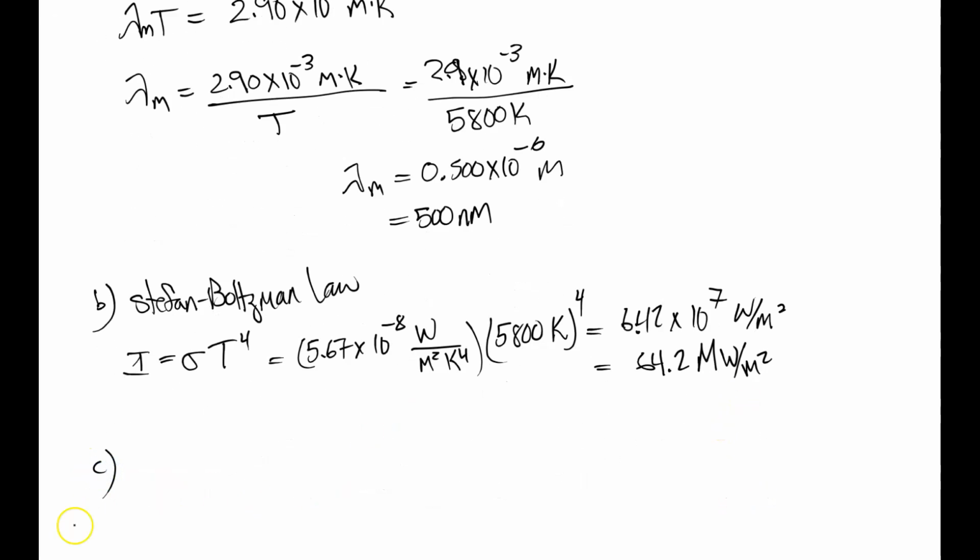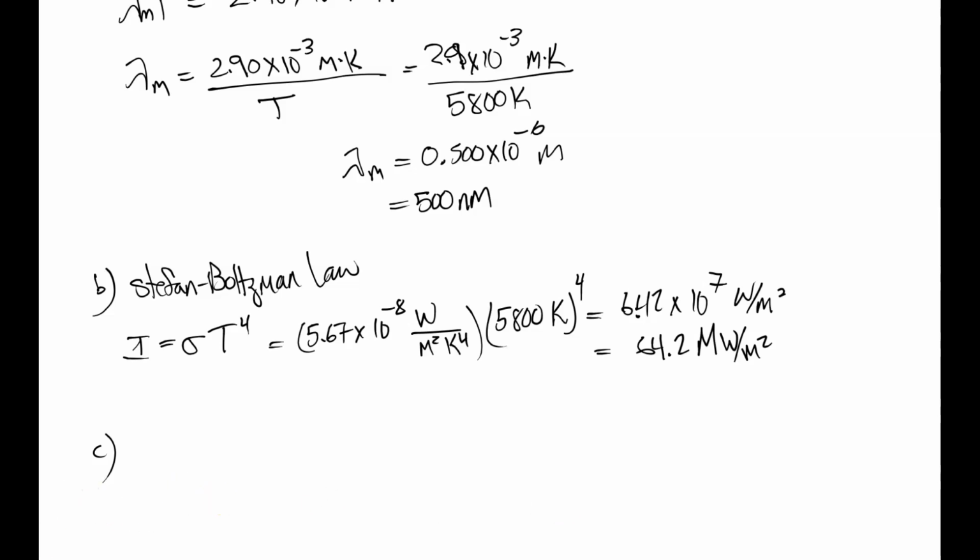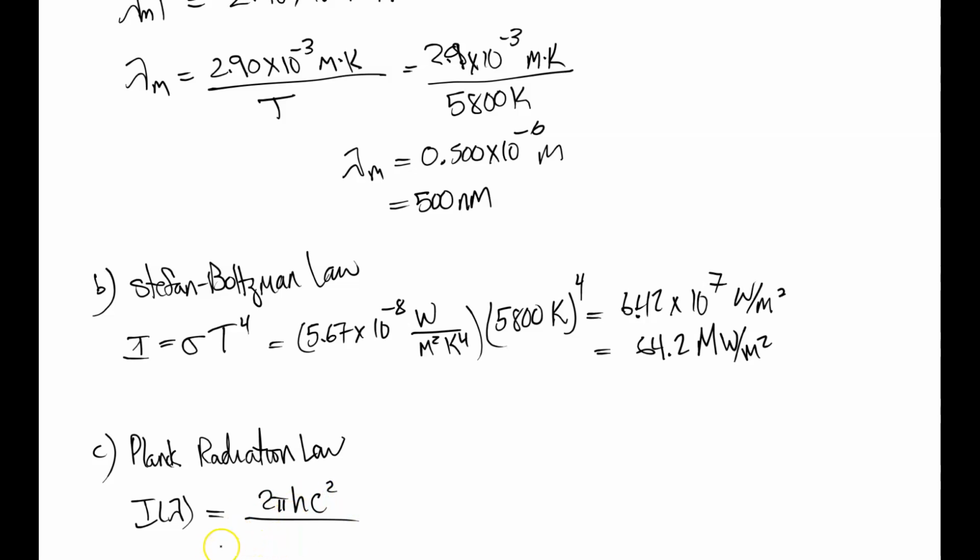For part C, we can use the equation for intensity for the Planck radiation law, which says that I as a function of lambda equals 2 pi h c squared over lambda to the fifth times e raised to the hc over lambda kT minus 1.